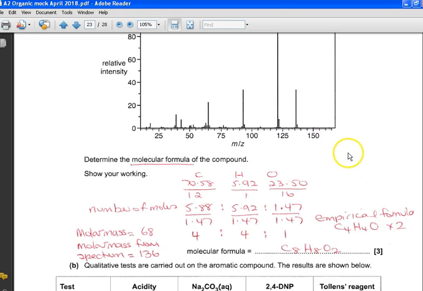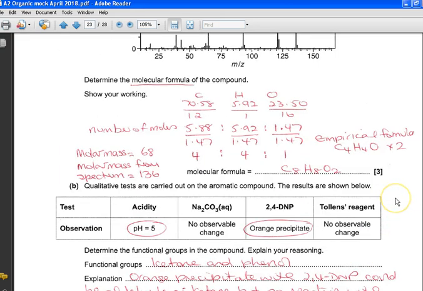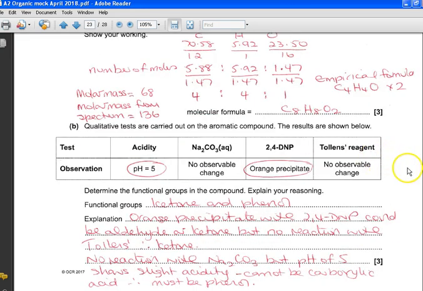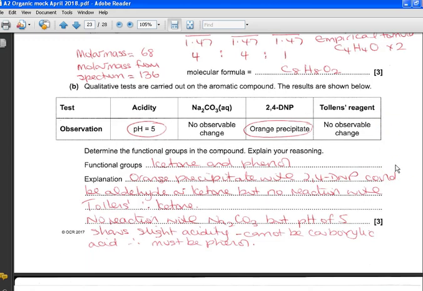Don't forget that you don't look at the very last one. That is related to carbon 13. So if you divide 68 into 136, it goes into it twice. So that means you must multiply your empirical formula by 2. So we've got that C8H8O2.